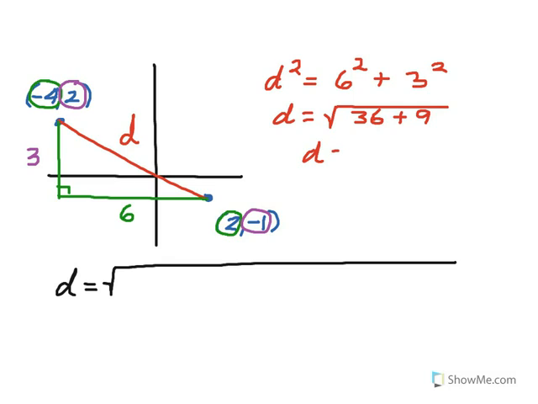So d is equal to the square root of 45, which simplifies to 3 times the square root of 5. In this case, the square root of 45 is going to be a little less than 7, between 6 and 7.